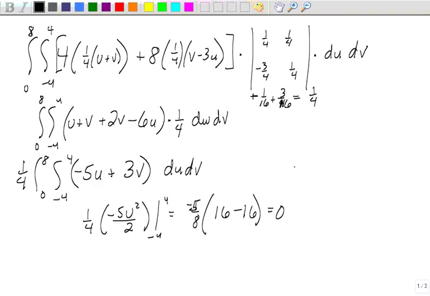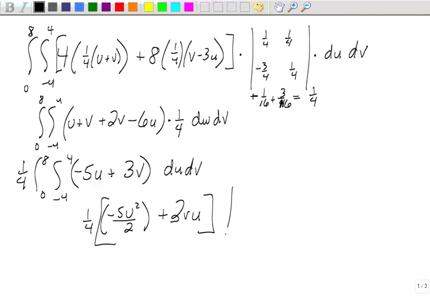Oh, forgot to integrate the 3v. 3vu, that's what I forgot.